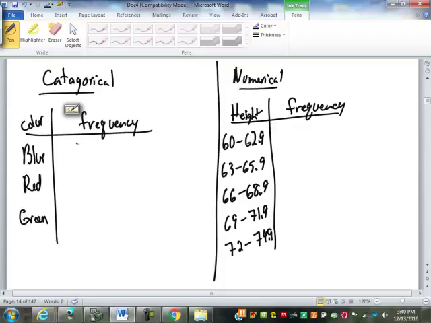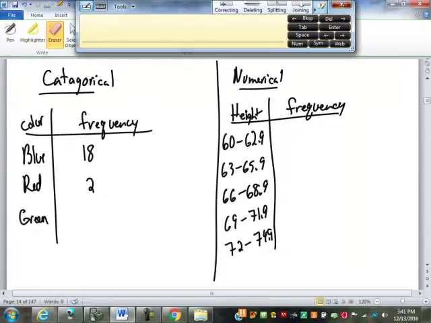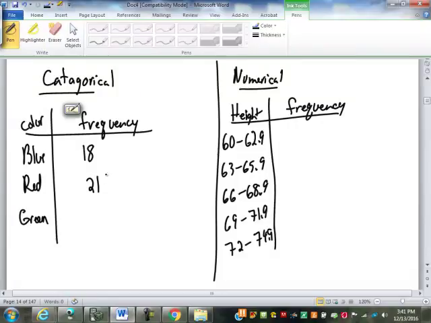For frequencies, let's say over here for color, we had frequencies of, let's say blue was picked 18 times, red was picked 21 times, and green was picked, I'll always do 11 times, make it work out easy.